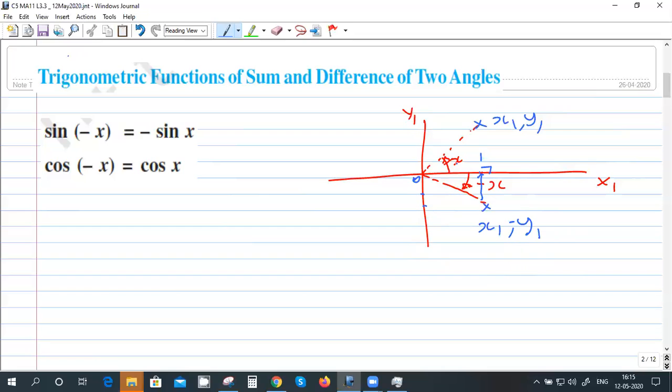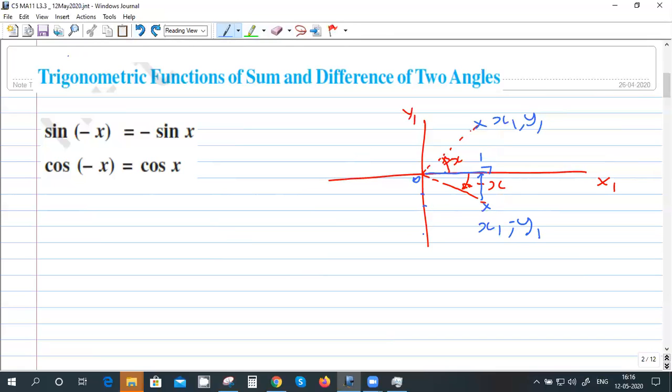X is the same, no? Because this is the same length. This is x for both the points. For the above point, y is this one, and for the below point, y is this one. So when you go down, the value of y is negative.